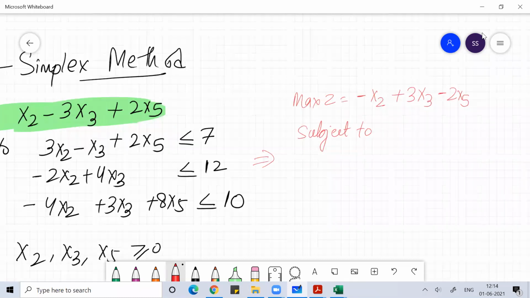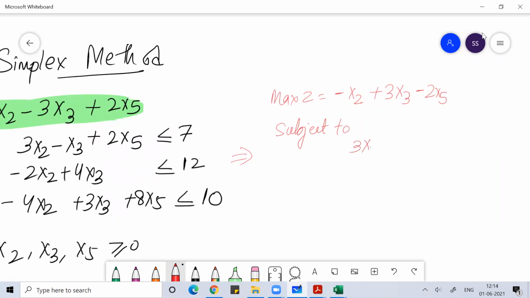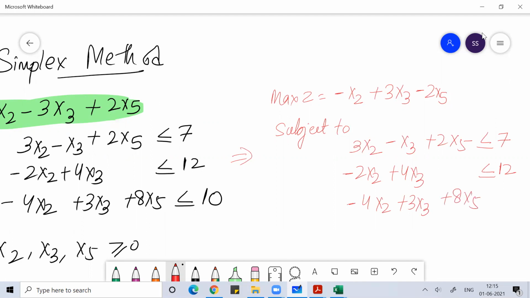Subject to your constraints. Again, I will write my constraints: 3x2 minus x3 plus 2x5 less than or equal to 7, and then minus 2x2 plus 4x3 less than or equal to 12, and then minus 4x2 plus 3x3 plus 8x5 less than or equal to 10, where x2, x3, x5 should be greater than or equal to 0.